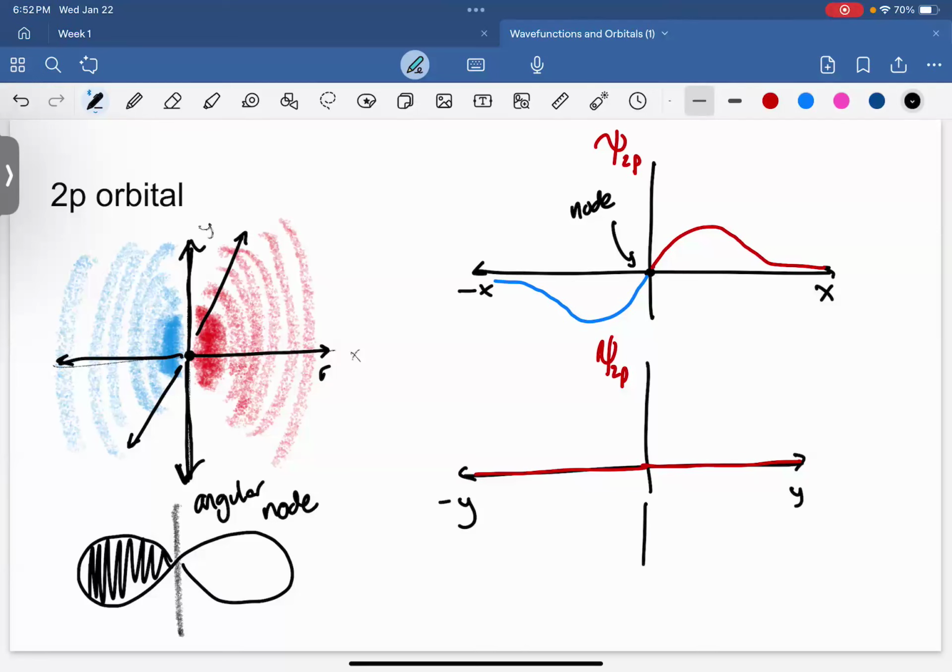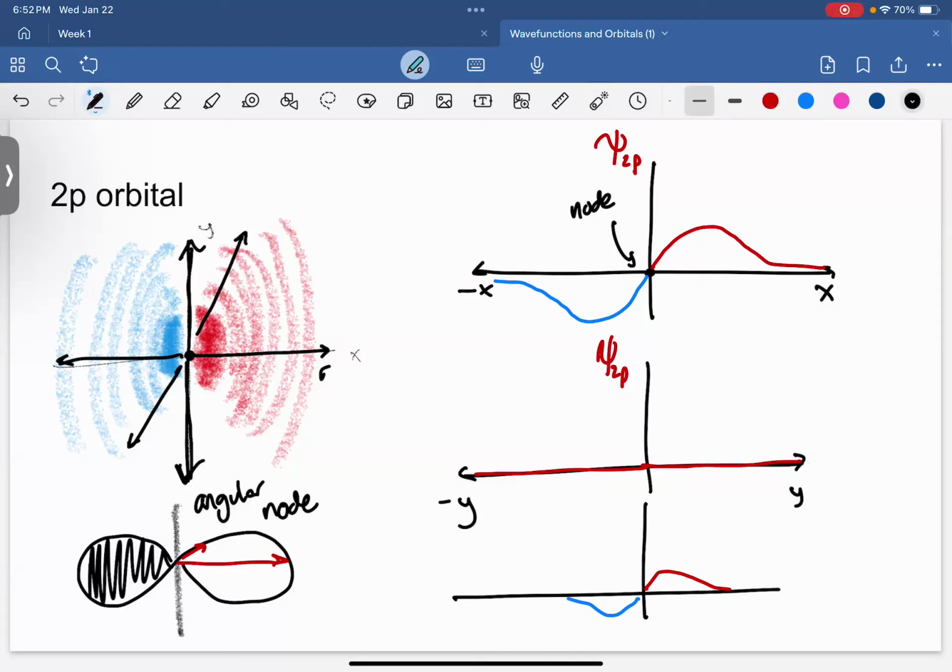Turns out that it basically looks the same. It's just smaller. And this is why the p orbital is drawn the shape that it is, because directly along that axis is the maximum magnitude, and as we go off that axis, the magnitude gets smaller.